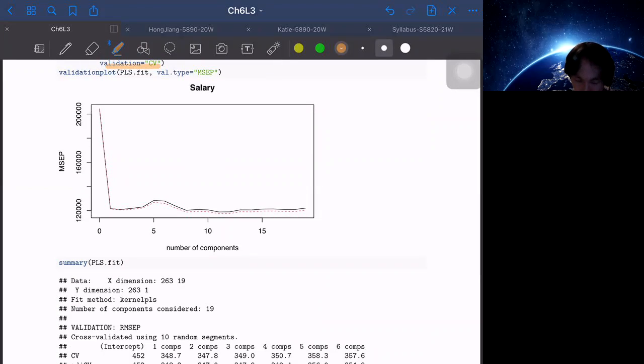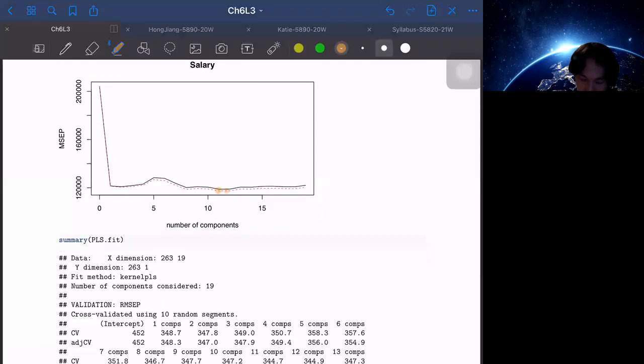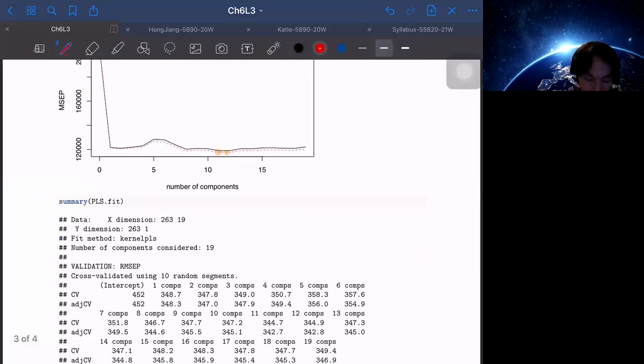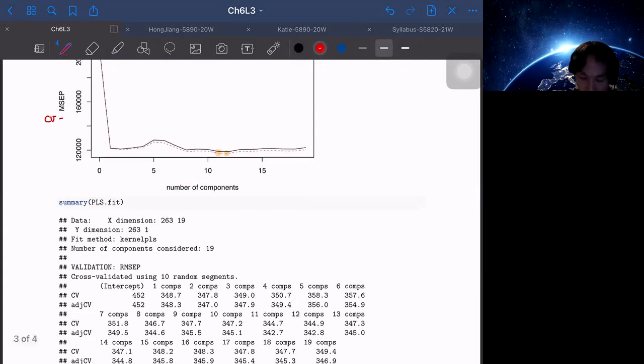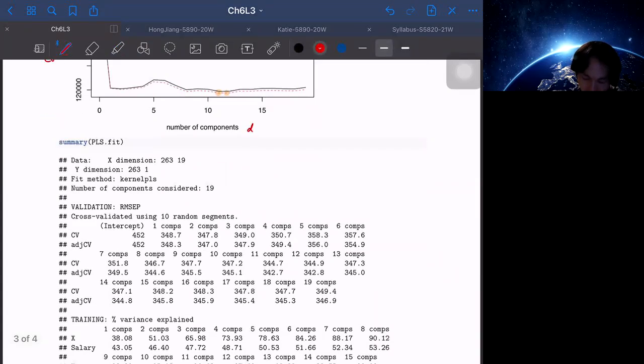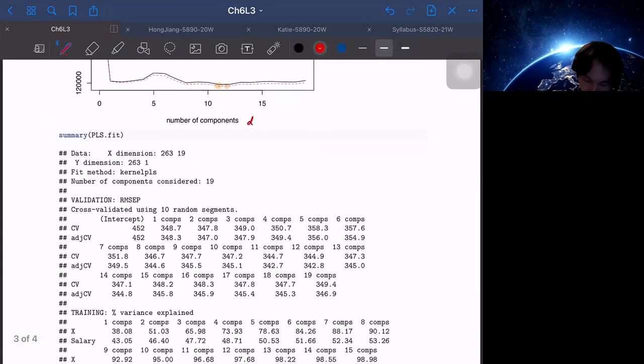And now you can see that maybe 11 is the best, maybe 12. So this is the cross-validated mean square error for the number of components, D. In terms of cross-validation, the smallest cross-validated error is maybe 346.